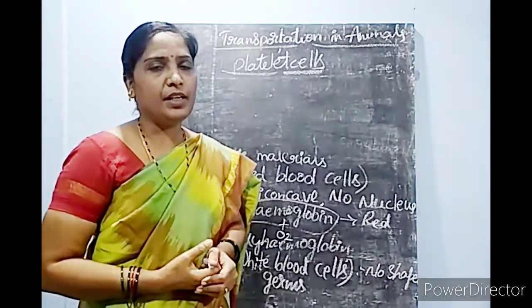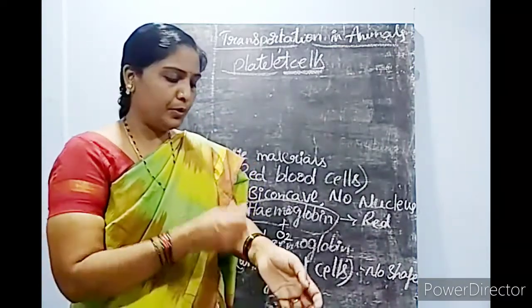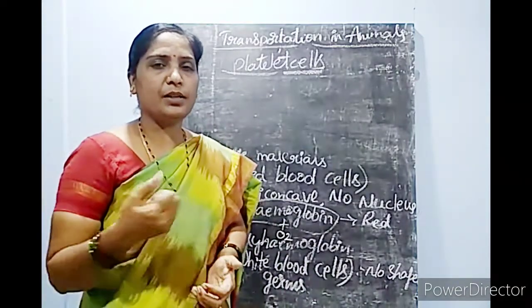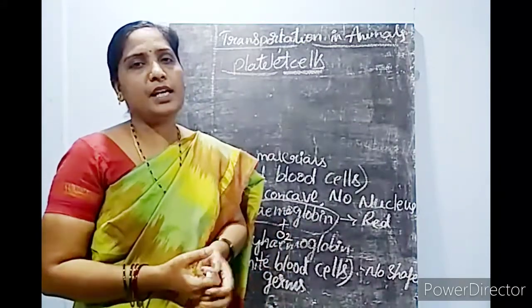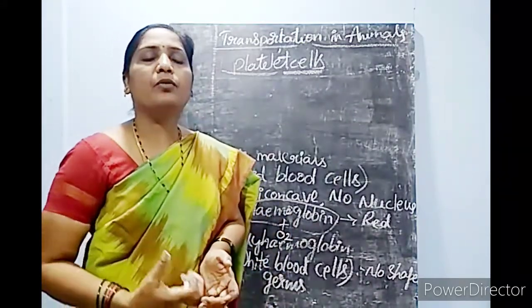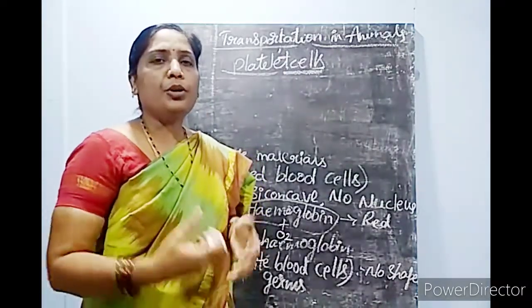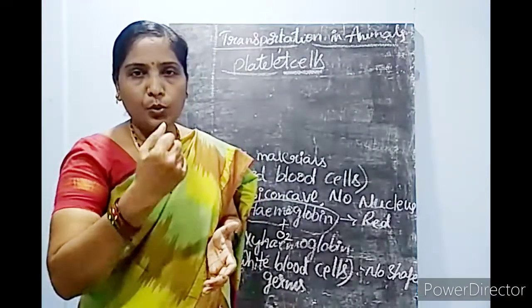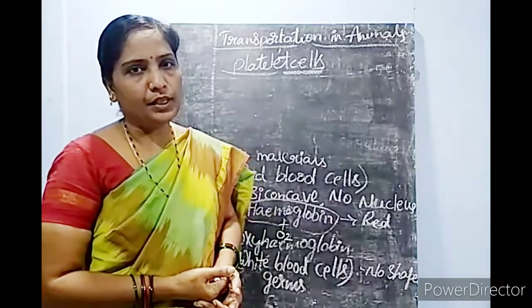Generally, in our homes, your mom will put some turmeric powder or coffee powder, tea powder on the wounded part and press that area. Automatically, the flow of blood stops after some time. Even without doing this first aid, blood gets stopped. It won't continuously flow when we get any wound.